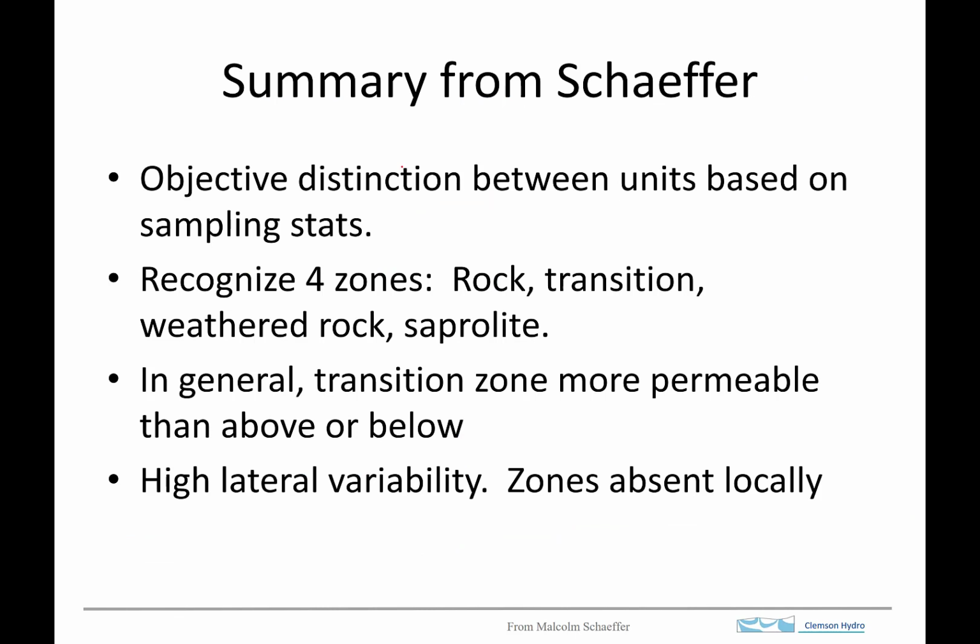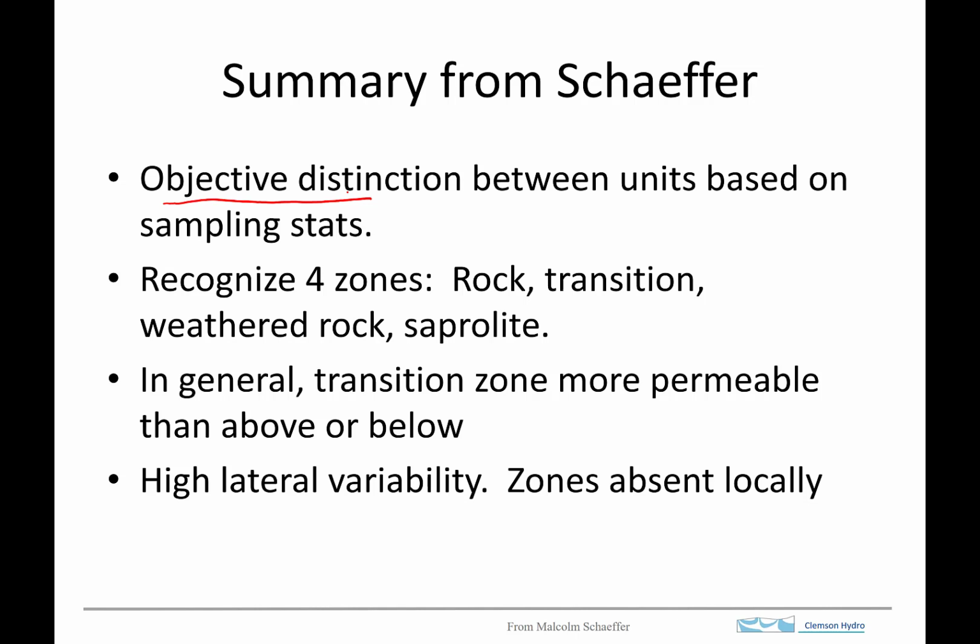So to summarize these insights from Malcolm Schaeffer, he provided this objective distinction between different units based on the statistics of sampling that are intended to characterize the degree of weathering and fracturing.